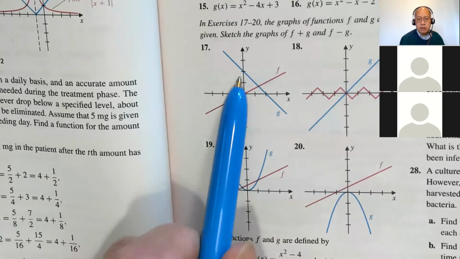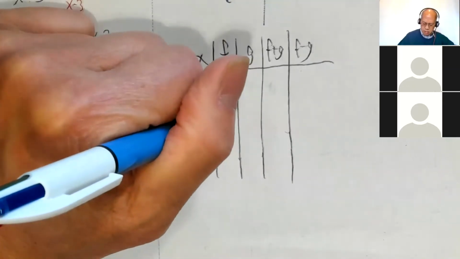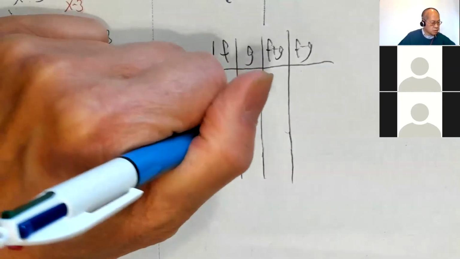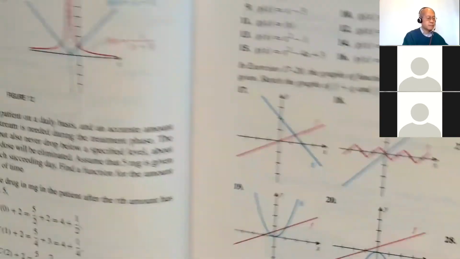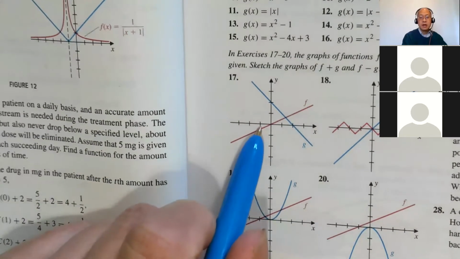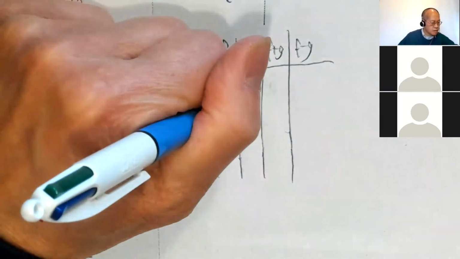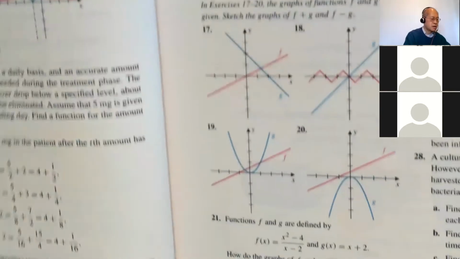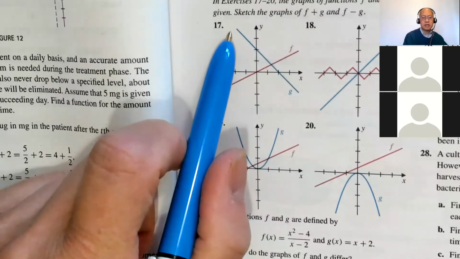Let's do this. 0 gives me 2, right? So for 17, let's say 0 gives me 2. I'm looking at g. -1 gives me 3. -2 gives me, I'm going to assume that's 4.